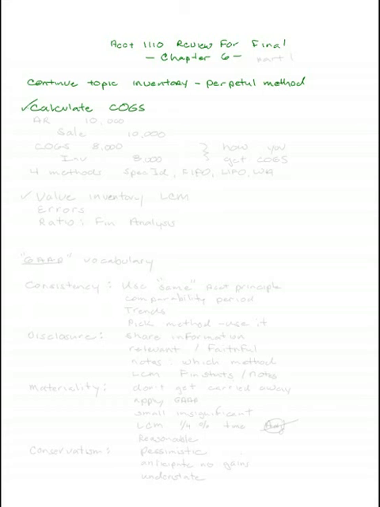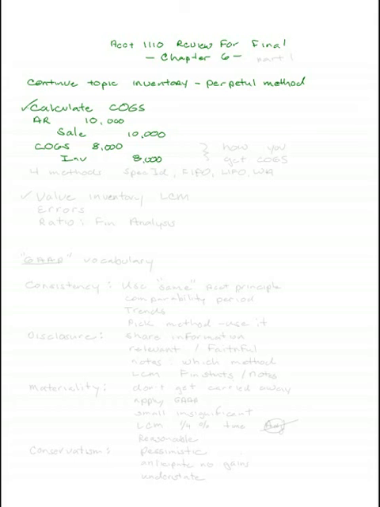When you record a sale, in the past we've said record a sale of merchandise inventory for $10,000, making this up as I go. And then we'd give you the cost and say, the cost of that sale is $8,000. And you would simply record cost of goods sold and take it out of inventory.